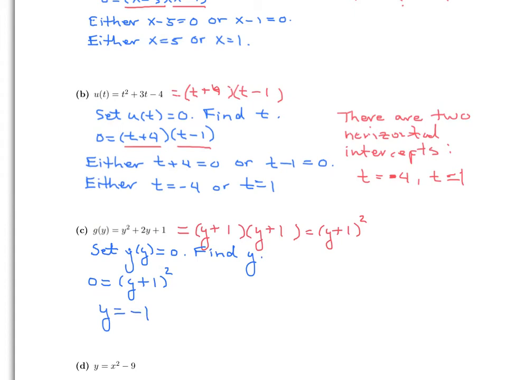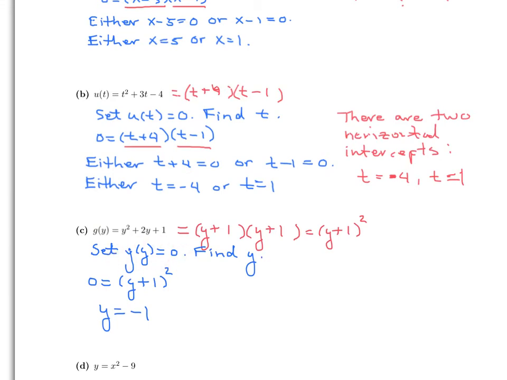This example is a little different than the previous two examples. In the previous two examples, we found that there were two input values that caused the output to be 0. But in this case, there's just one input that causes the output to be 0.